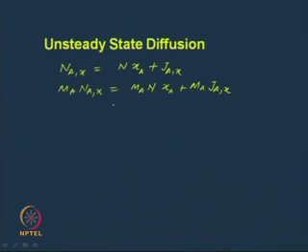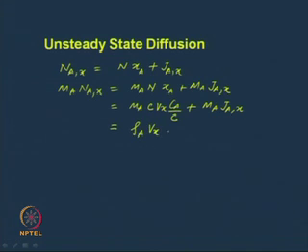From this we can write MA C into Vx into CA by C plus MA Jx. So, this will be equal to ρA Vx plus MA Jx.